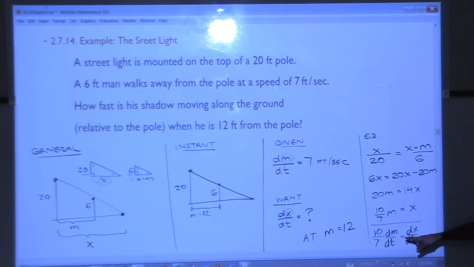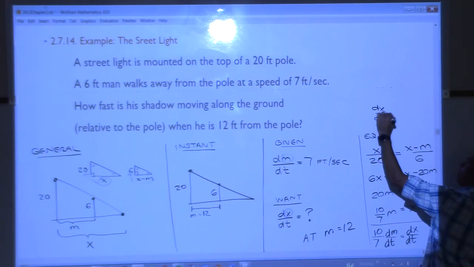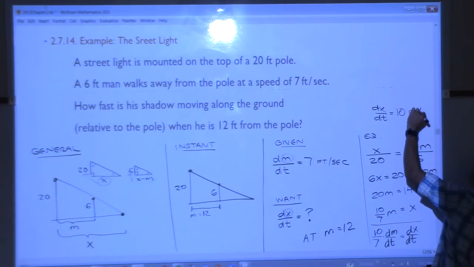Do we know dm/dt? Yes, dm/dt is 7, and dx/dt is what we want. So what is it? dx/dt is 10 feet per second.